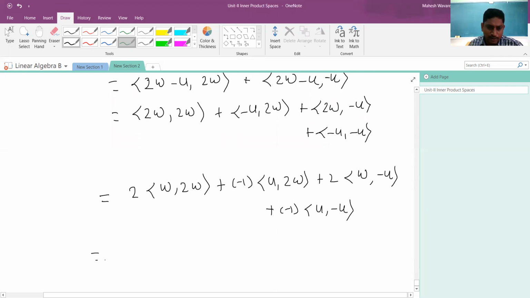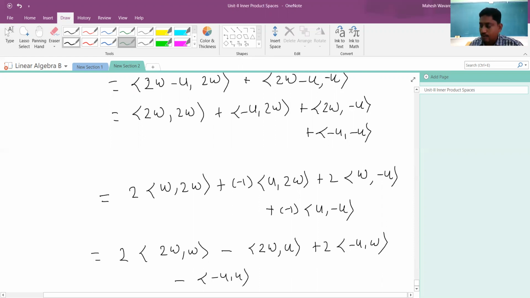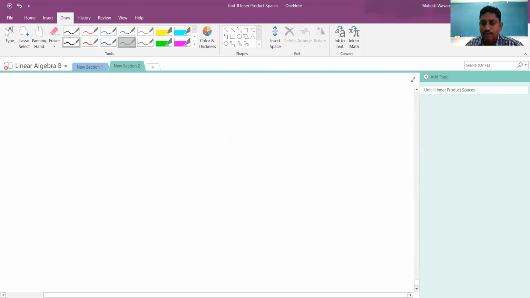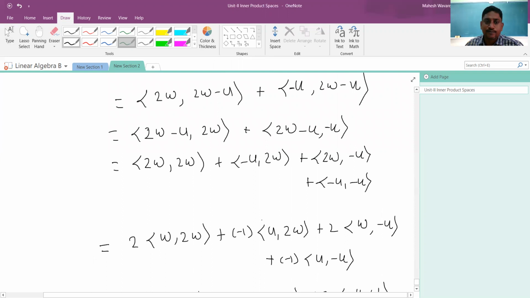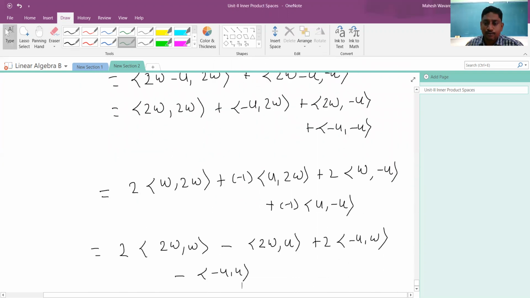Once again, the symmetry axiom is applied. So this can be written as 2 times 2w comma w minus 2w comma u plus 2 minus u comma w minus u comma u. And once again, the homogeneity condition is applied. At each step you should write the reason. You should mention the reason for what you are going to apply.